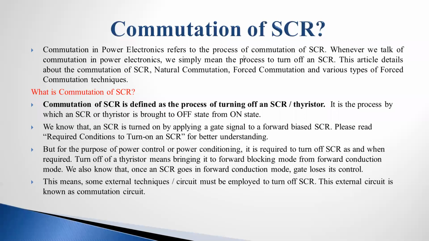It is clear? Simply to control the output power, or to control the power at the output side of the power electronic modulator. That's why we are discussing the concept of commutation.